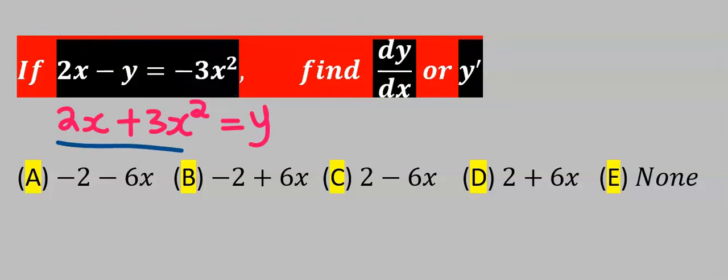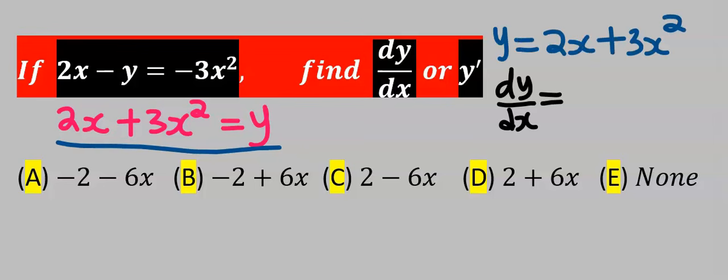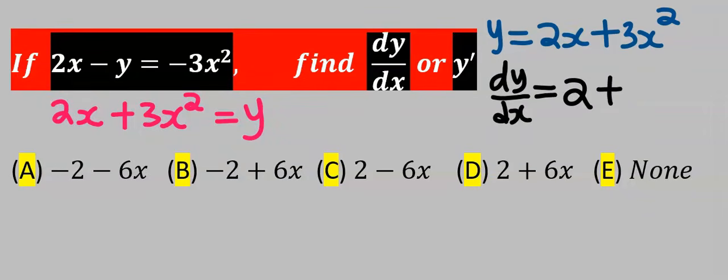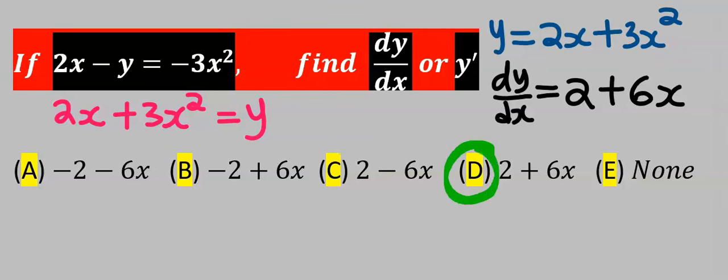Next, we can rearrange this. Next, let's differentiate. Differentiate 2x and you're going to get 2. Next, differentiate 3x squared and you're going to get 6x. And this becomes our answer.